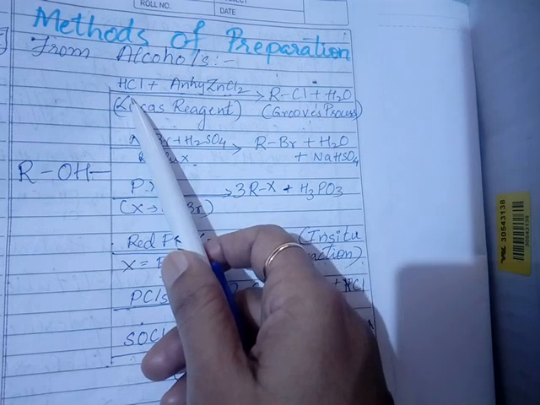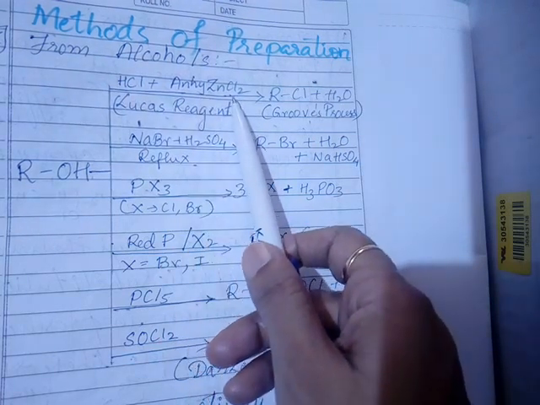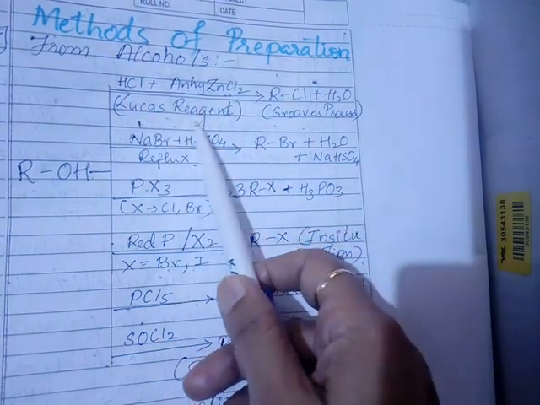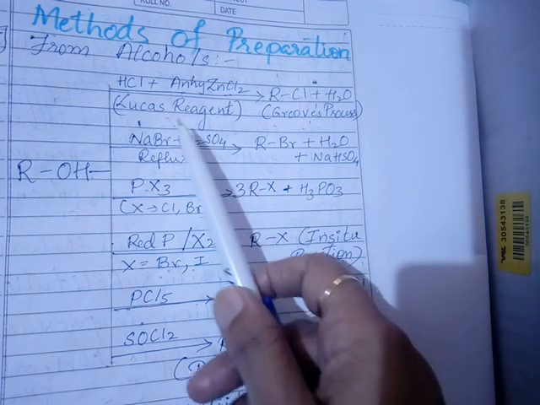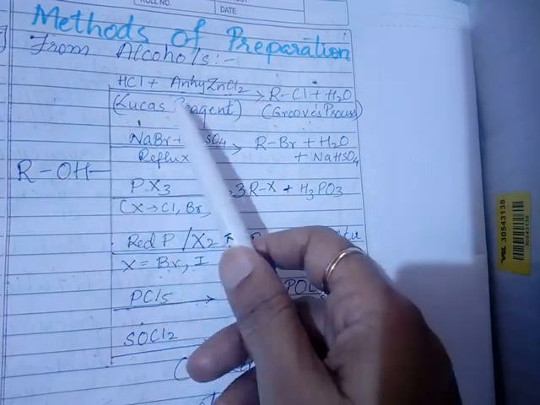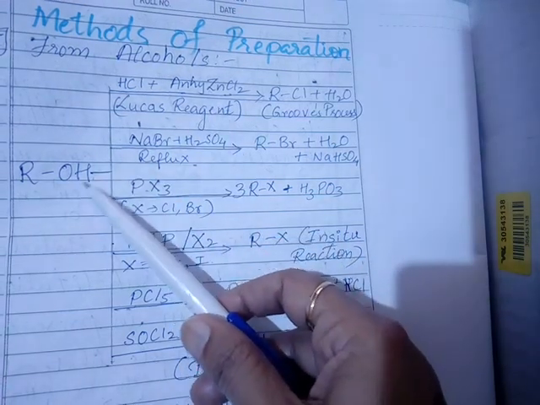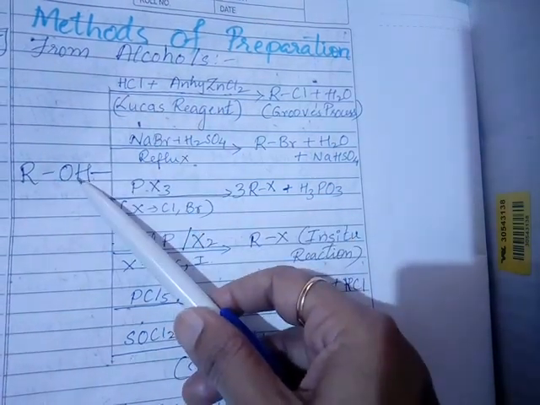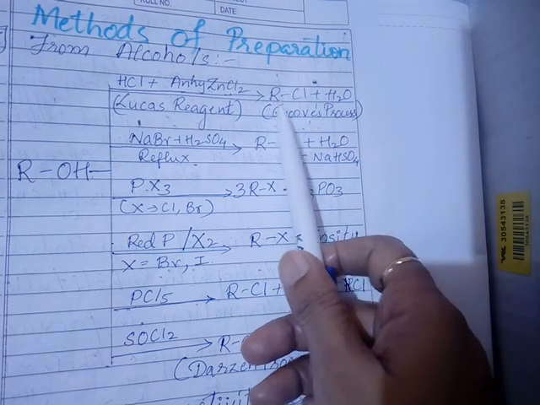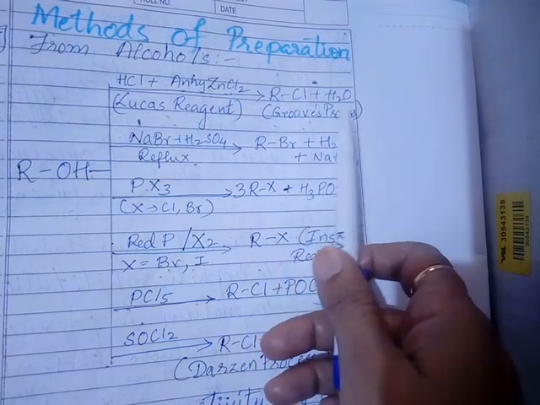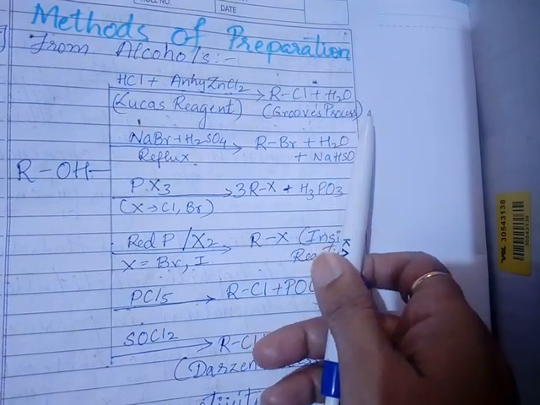The mixture of HCl and anhydrous zinc chloride is called Lucas reagent. When you treat alcohol with Lucas reagent, replacement of OH by Cl takes place, leading to the formation of RCl along with H2O.